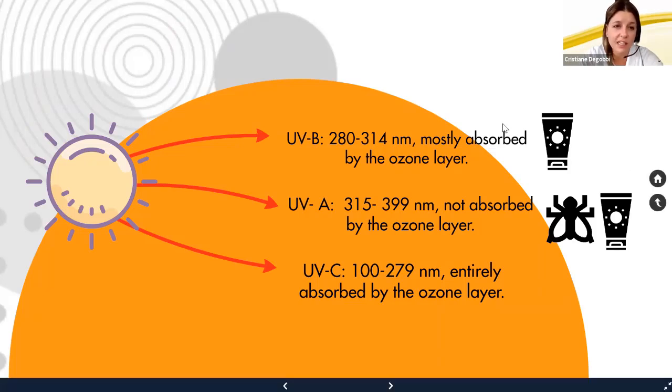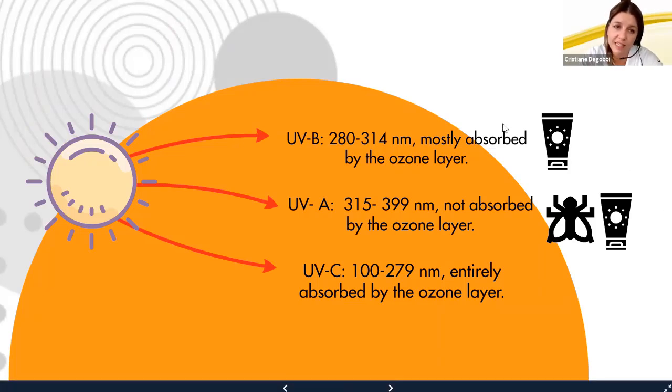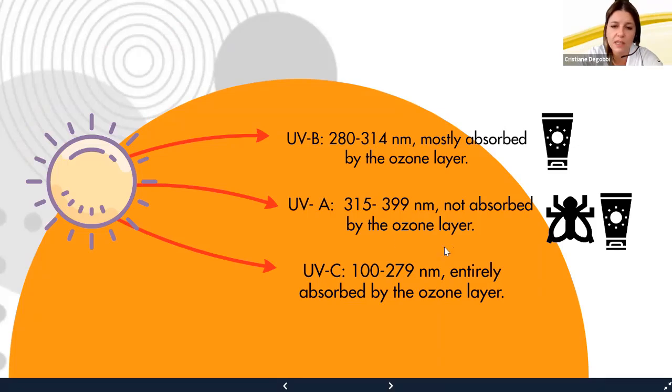So sun is good for our health, but at the same time it can cause you skin cancer. UVA is not absorbed by the ozone layer at all, so it's going to transpass this ozone layer. You need to use sunblock for that. And also this is the one that you use for insect traps.